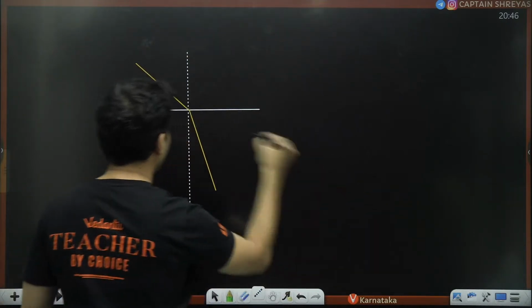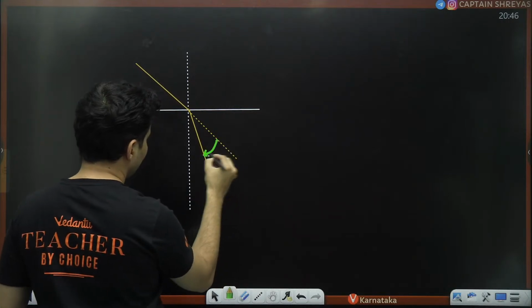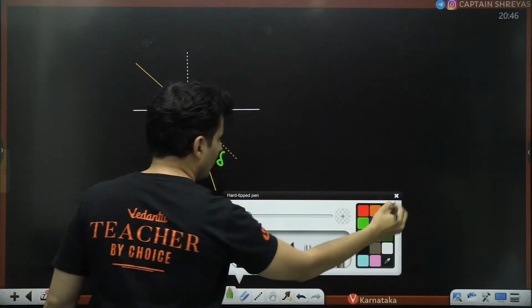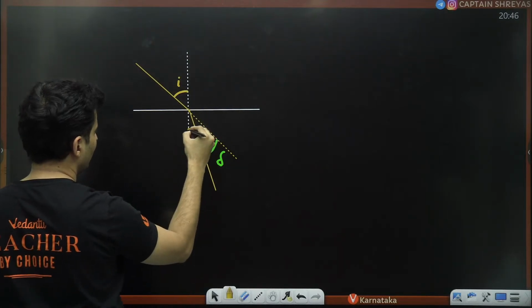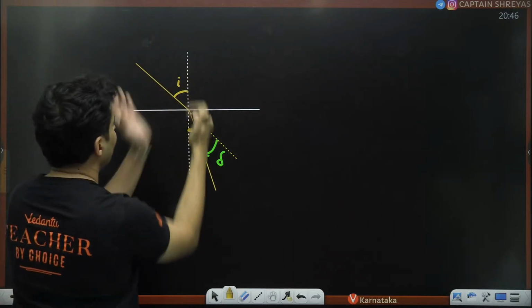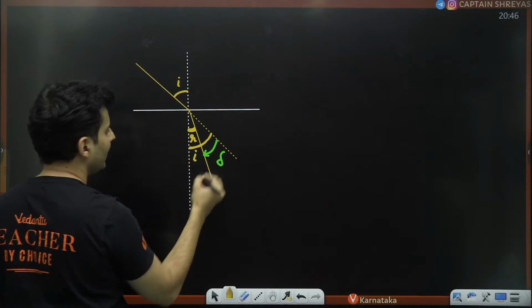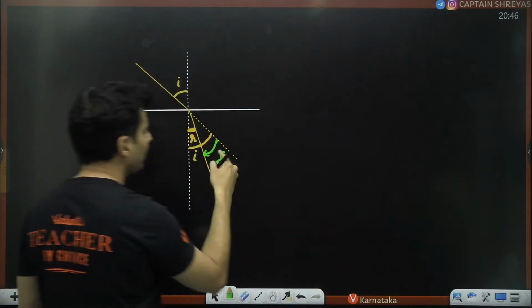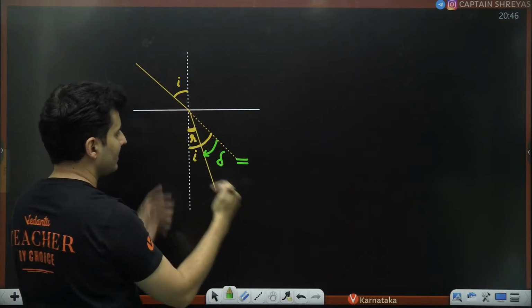The light wanted to go over here, so this is the deviation produced. This is the incident angle, and this is the refracted angle. If this is I, even this whole angle is also I. So the deviation angle will be this total angle minus this R.